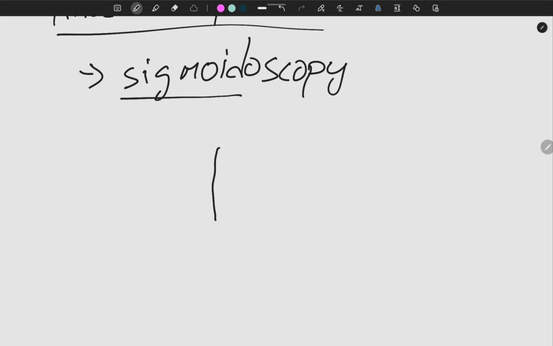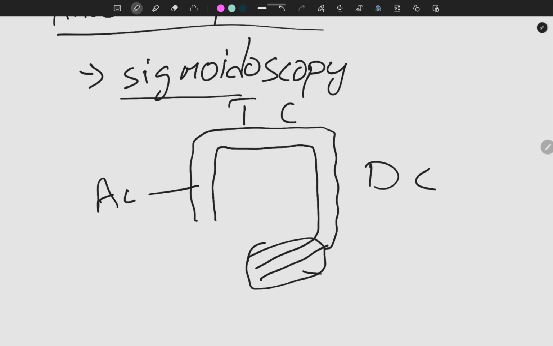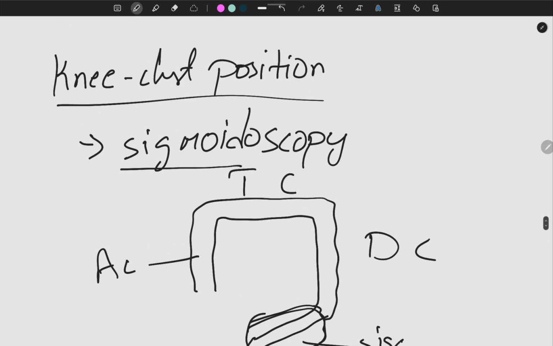You may think of this as the large intestine. This is the ascending colon, transverse colon and descending colon. So this part is known as the sigmoid, and this is the anus. To visualize the sigmoid portion of the large intestine, we commonly advise the patient to take the knee chest position.